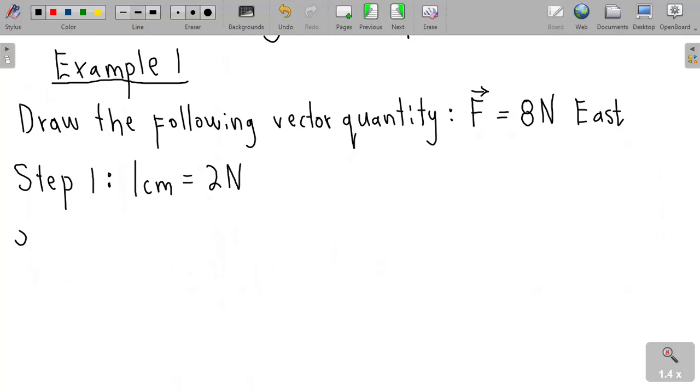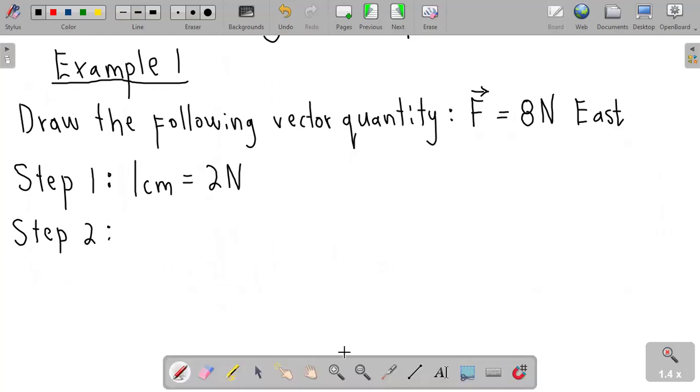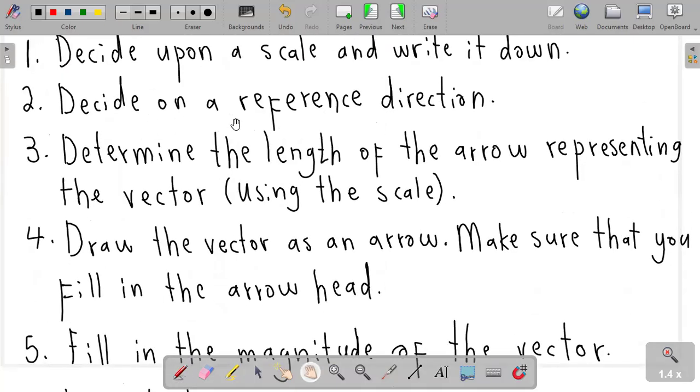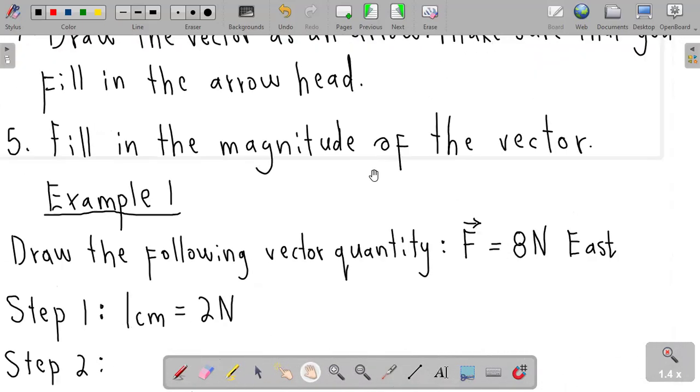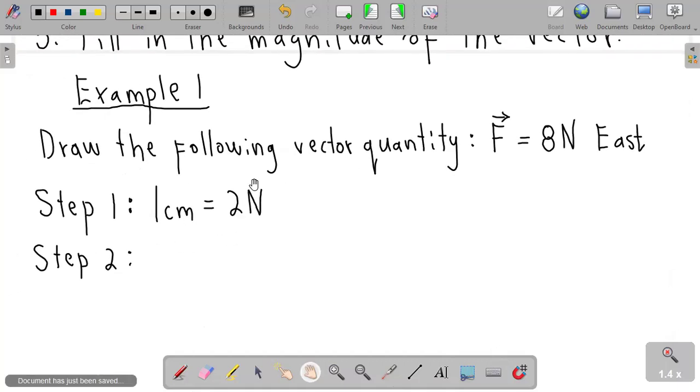And then step 2, they said decide on the what? The conventional direction. So step 2, decide on a reference direction. Step 1 was to set up a scale and write it down. We wrote it down here.